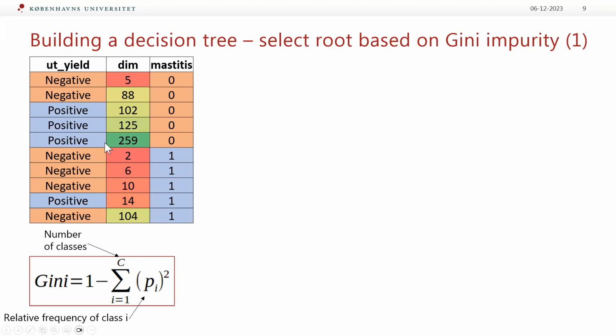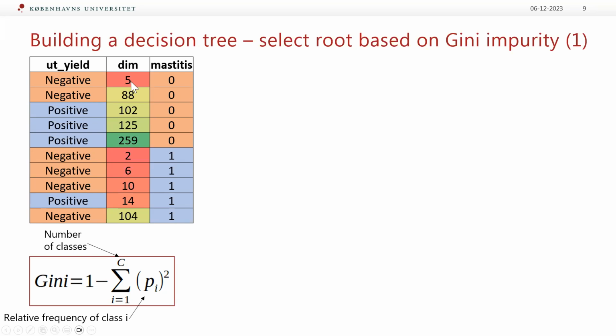And as I said, these are fake data, but they are based on the biological knowledge that a cow with mastitis will have a lower milk yield. And we also know that mastitis is a more frequent problem in the early stages of the lactation compared to later stages of the lactation.